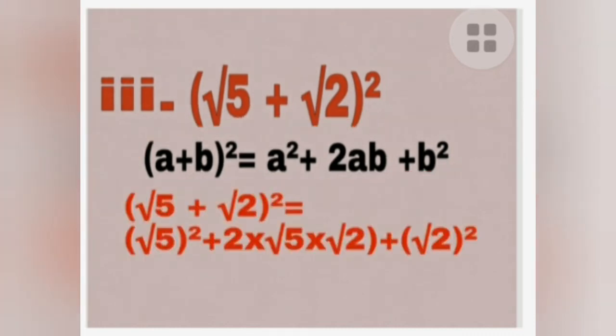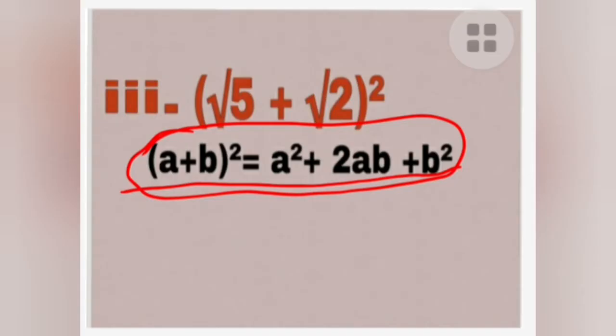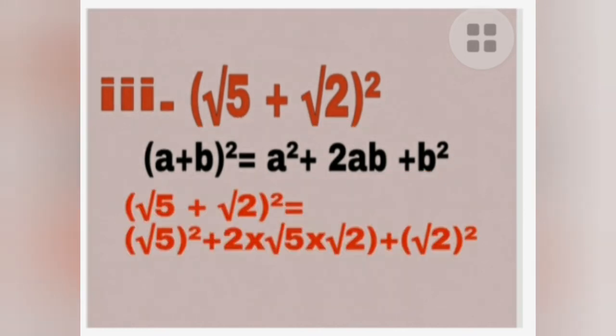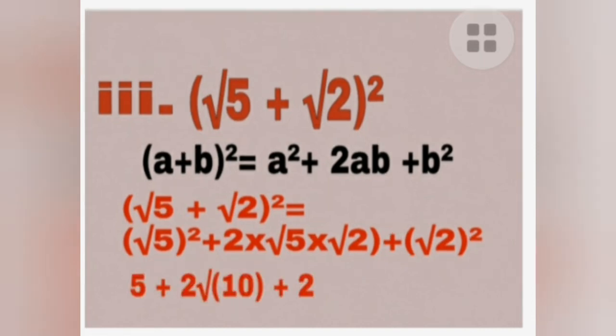Here in the place of a we have root 5, in the place of b we have root 2. Just substitute these values in your identity. It will become root 5 whole square plus 2 into root 5 into root 2 plus root 2 whole square. Now simplify this.